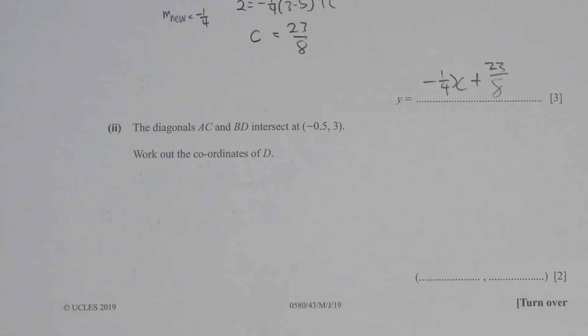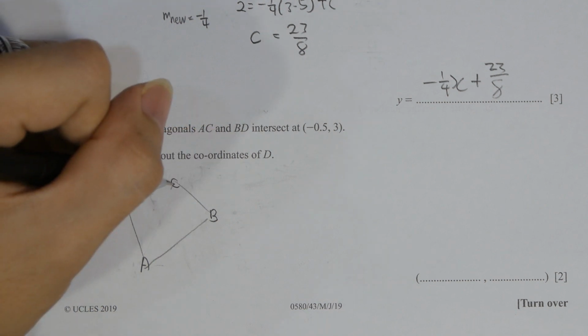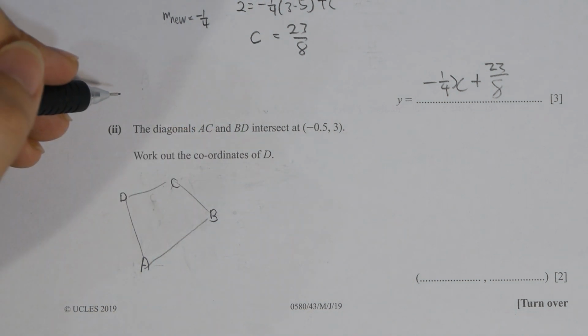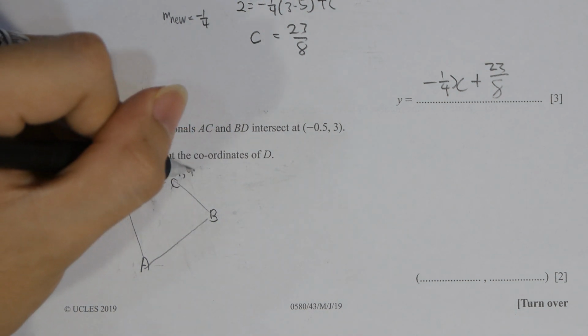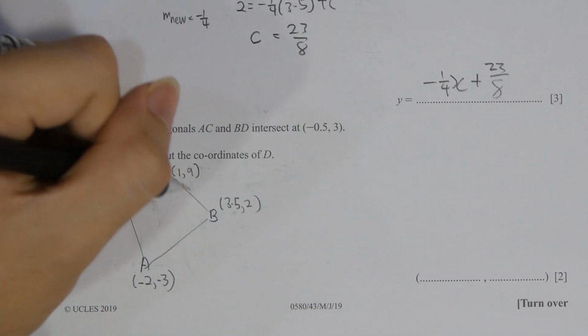Okay, for C number 2, to make it easier for you to understand, I actually plot out the points AC and BD, okay, and show you the -0.5 and 3's location.